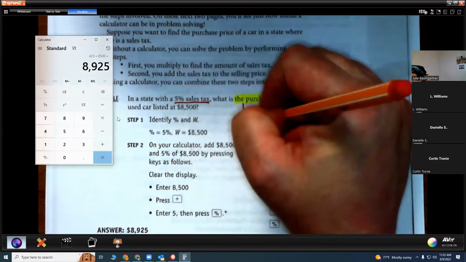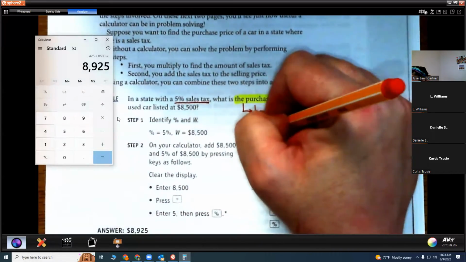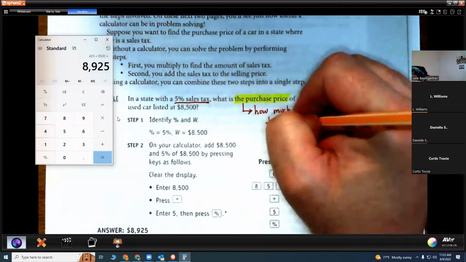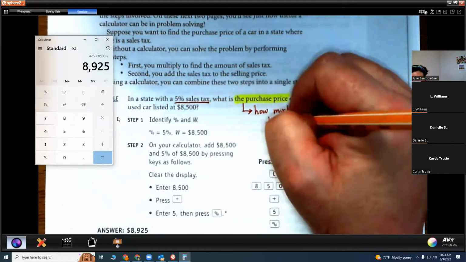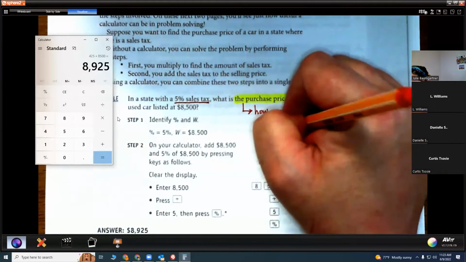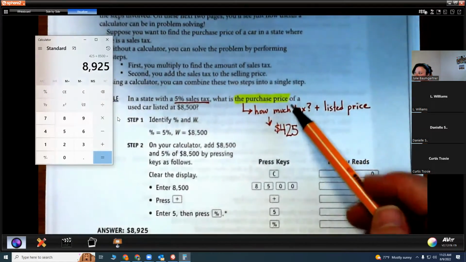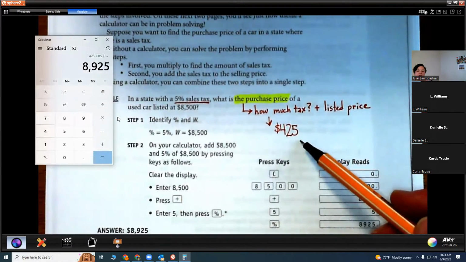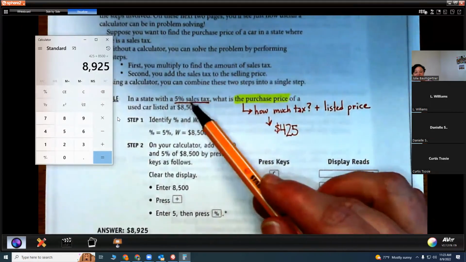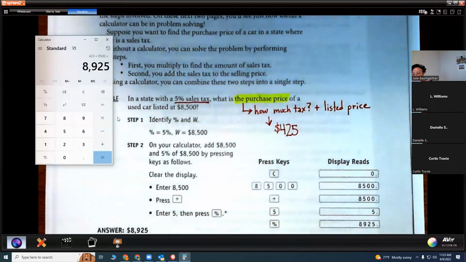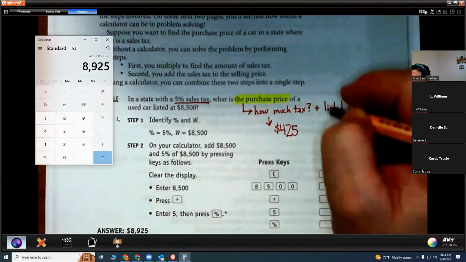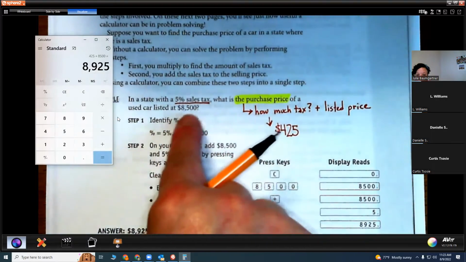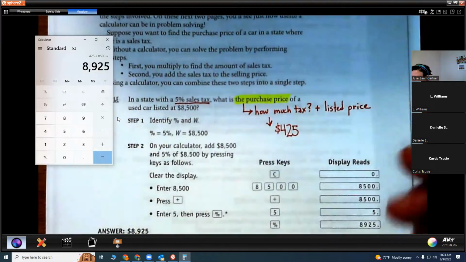So that tells me how much tax you have to pay on the list price. So then, since the question says what is the purchase price, the question isn't saying how much tax do you pay on the car, but when tax is included, what's the total price? So then we add it to our listed price, and that gives us our answer.